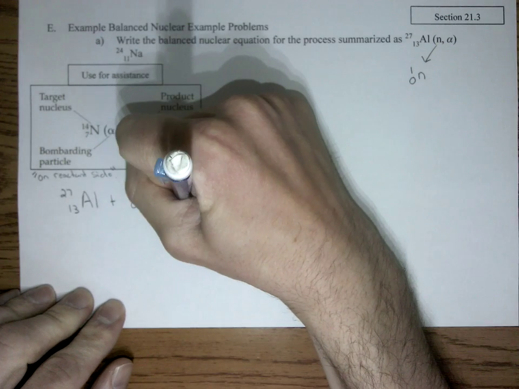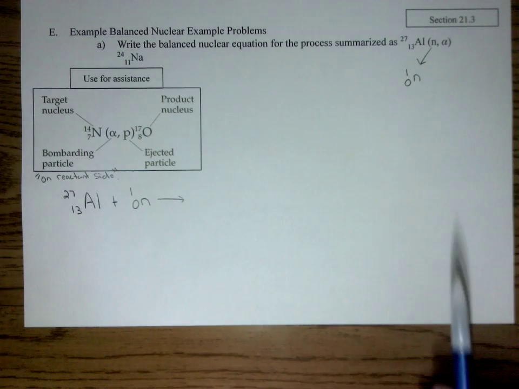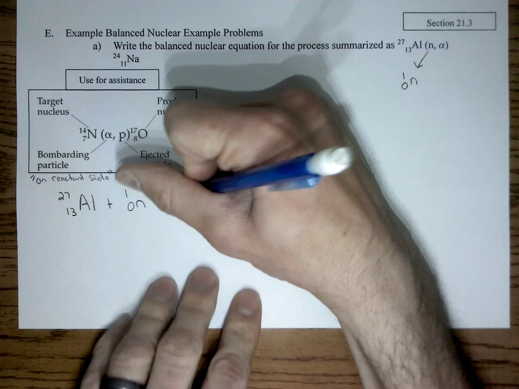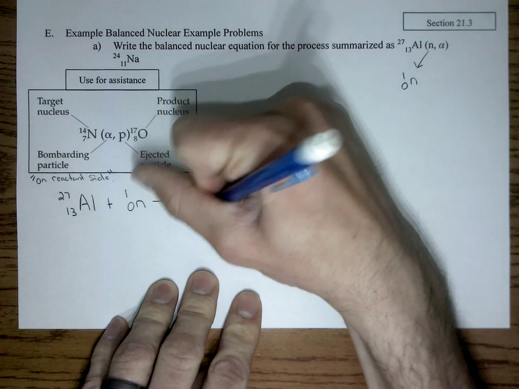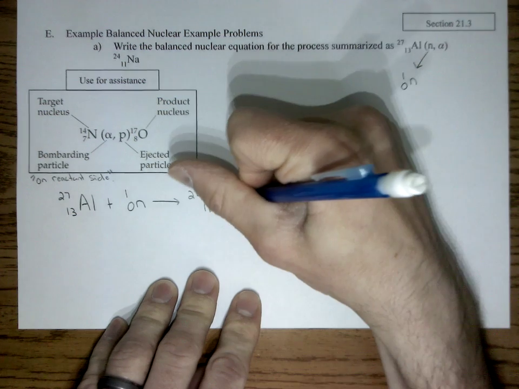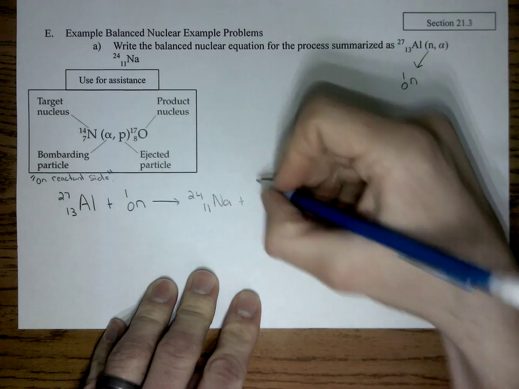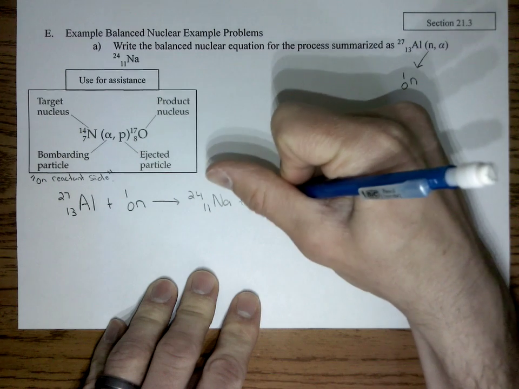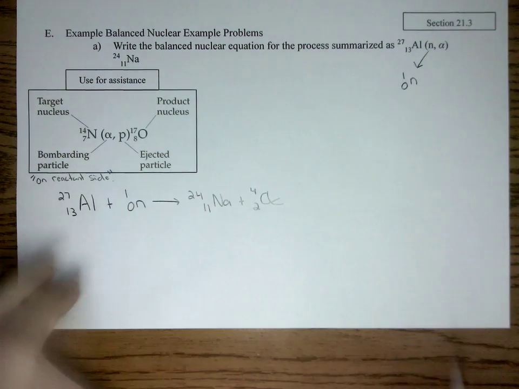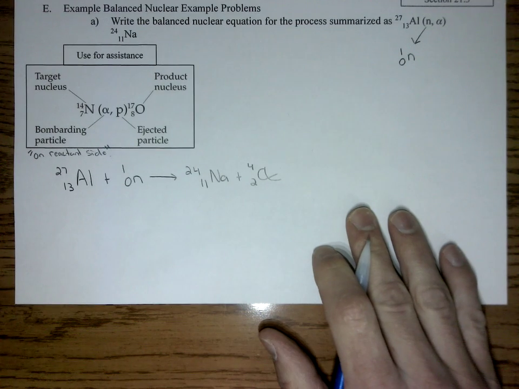And then we have the substance that's produced, sodium-24. I'm going to write it exactly how I see it on my problem. And then the emitted particle is that alpha particle. The alpha particle, remember, looks like this, and it has the same mass and number of protons as a helium nucleus.